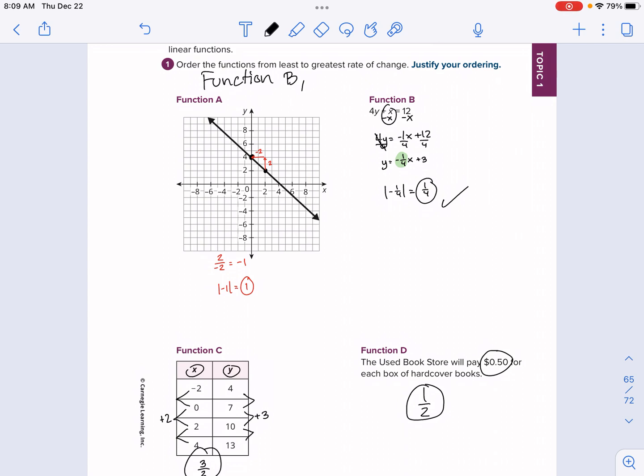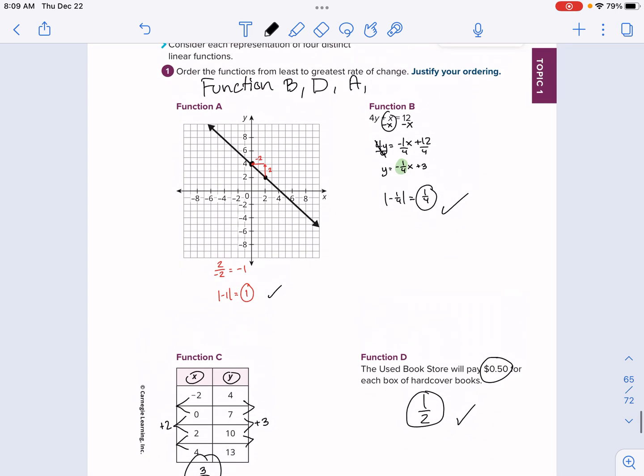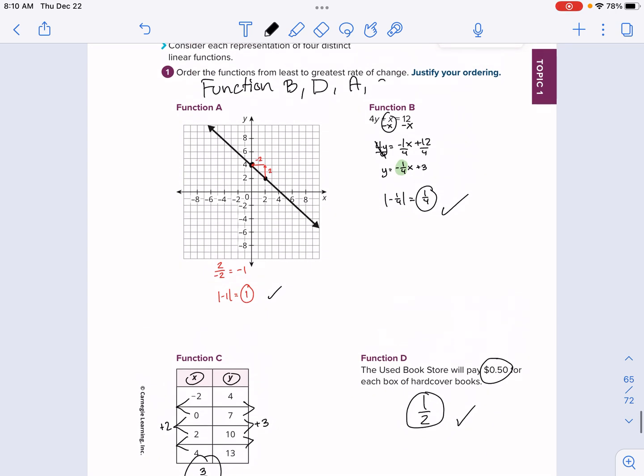And then it goes function D, or 1/2. The next smallest is 1, which is function A. And then 3/2, or 1 and 1/2, is bigger than 1. So function C is the largest rate of change of all 4 functions that we have here.